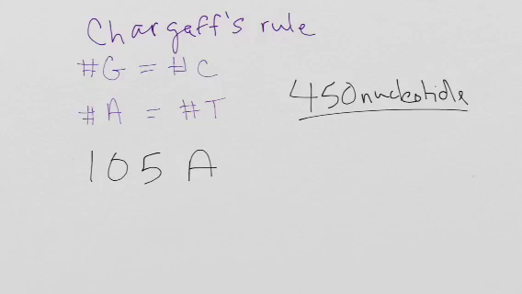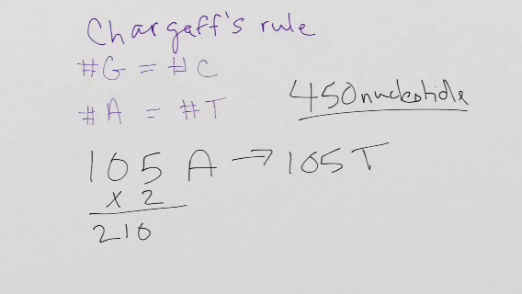So this is going to imply that I also have 105 thymines. Can I get a total of these guys? 210. If I add them or I multiply this by 2, I get 210.